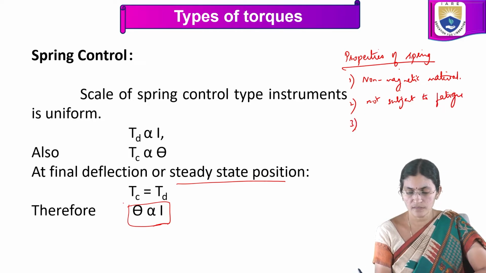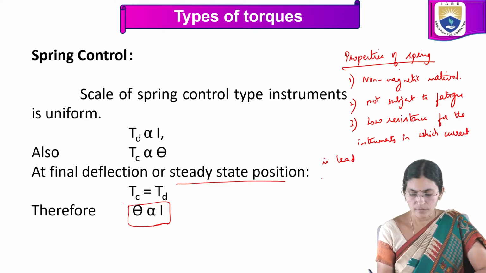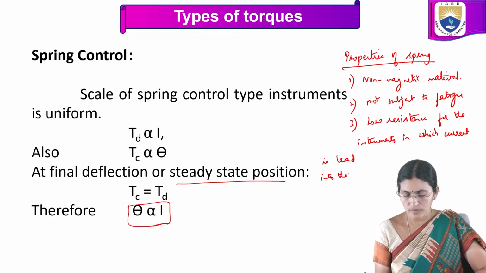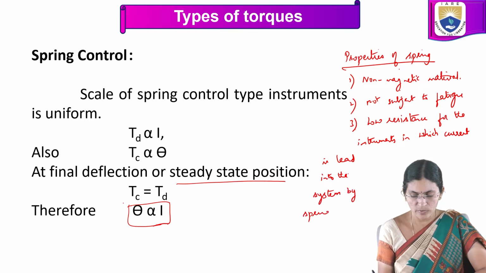Then the third one is it should have low resistance for the instruments in which current is led into the system by springs.